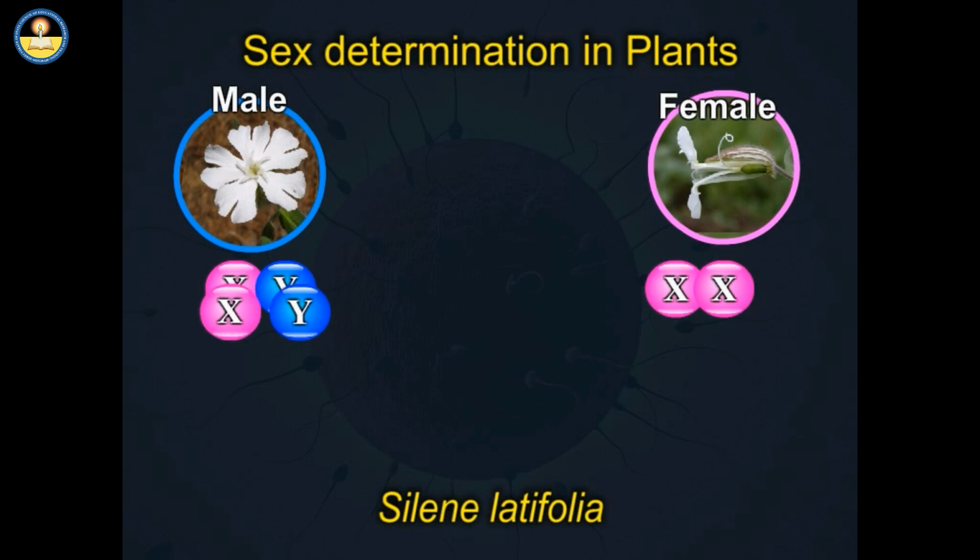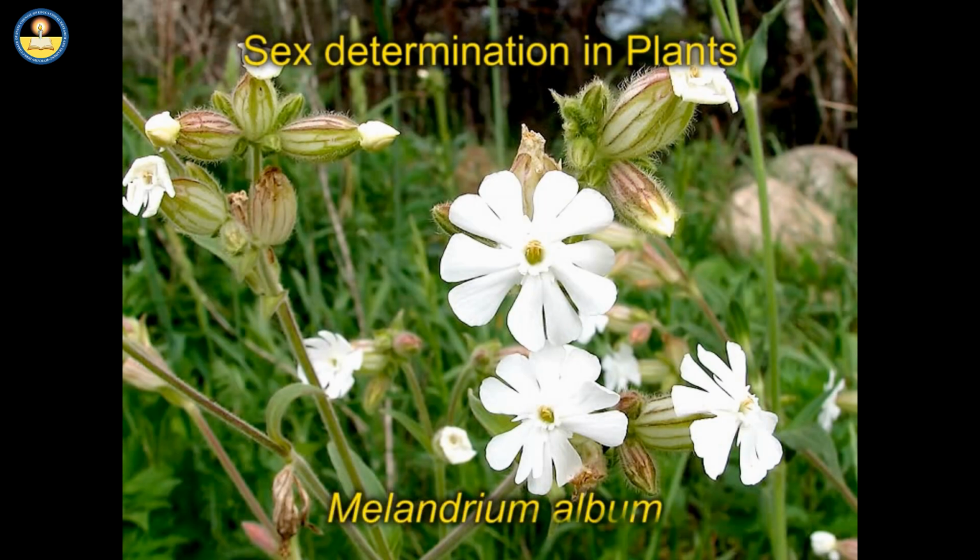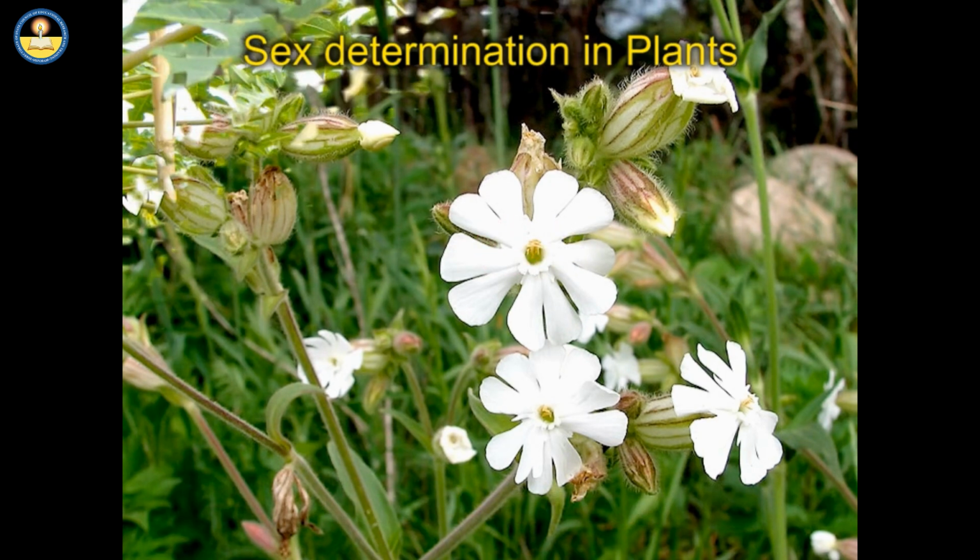In this species, sex chromosomes designated X and Y are responsible for sex determination. In Melandrium album also, sex is determined by the presence of X and Y chromosomes.